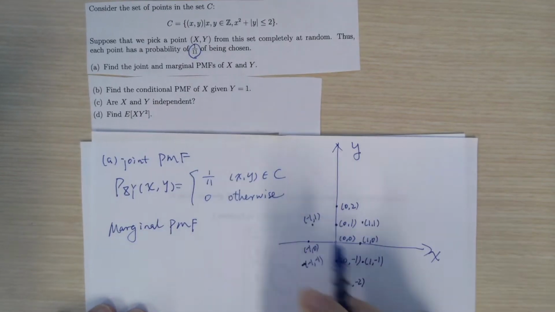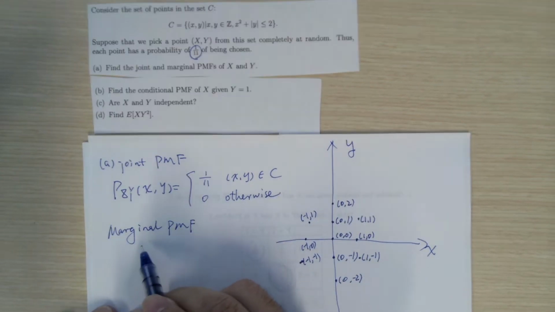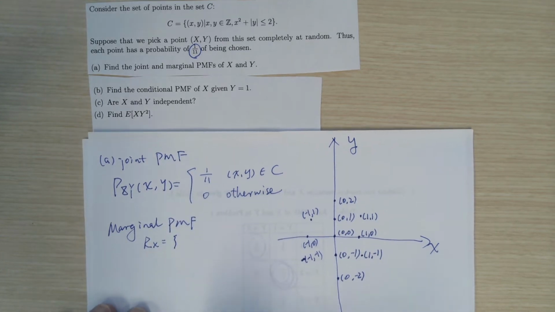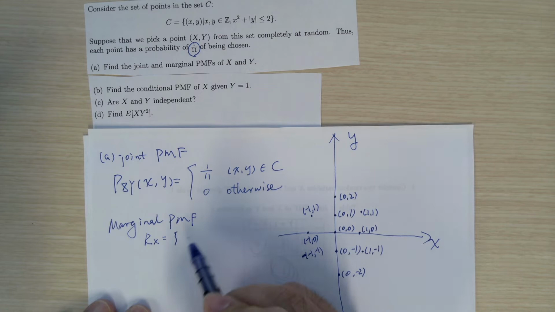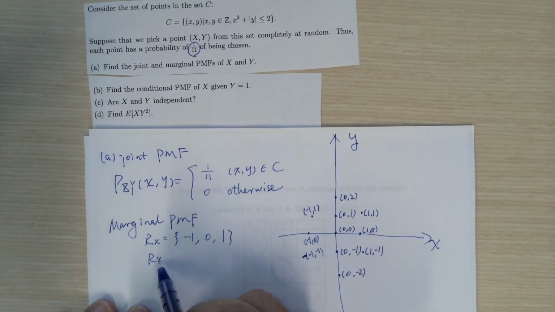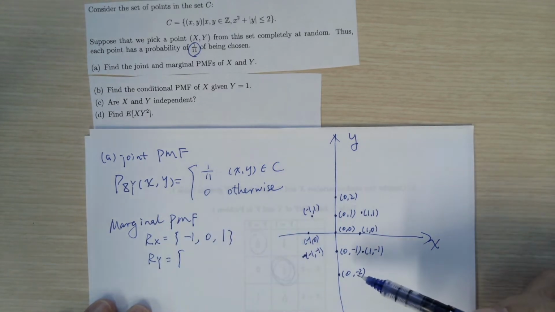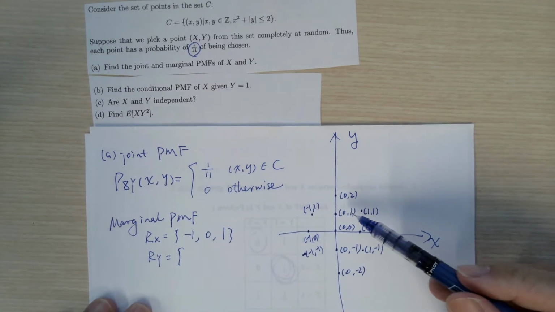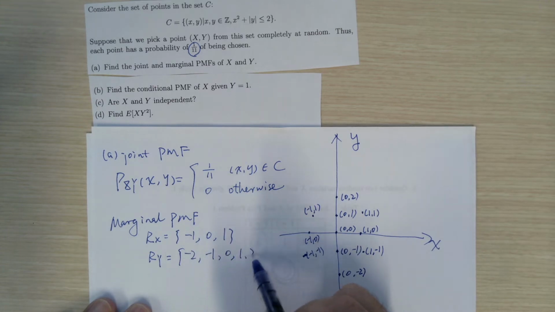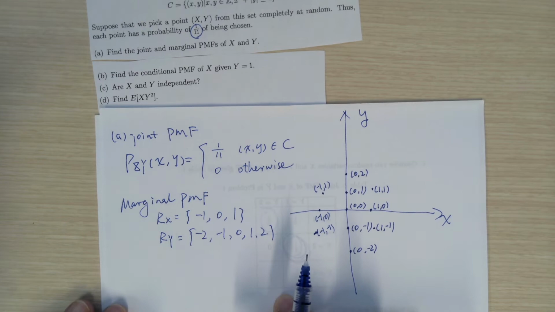First of all, the range of x: do you realize that x can only take 3 values, right? Negative 1, 0, and 1. The range for y is negative 2, negative 1, 0, 1, and 2, right?